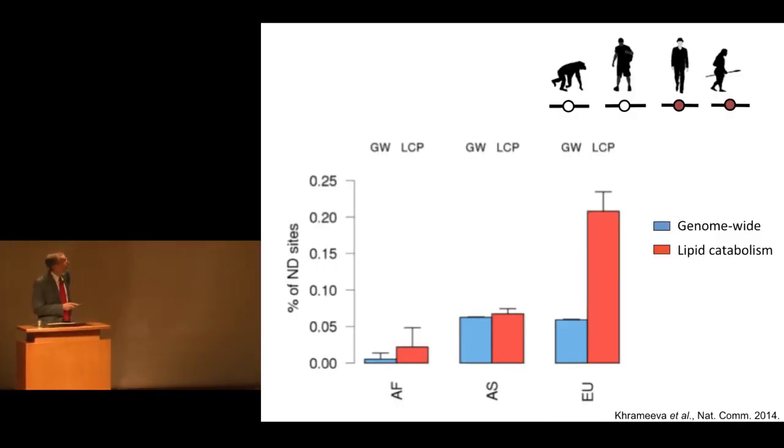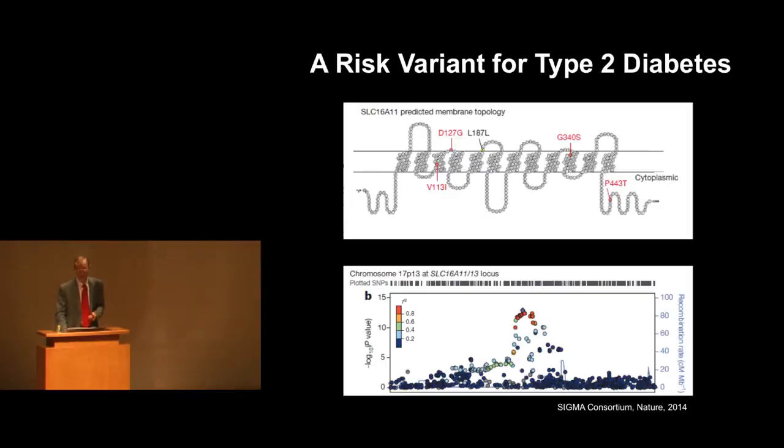A group in China has shown that in Europeans, genes involved in lipid catabolism, so degradation of lipids, come from Neanderthals, disproportionately much in Europe, much less so in Asia. So some aspect of how we deal with lipids comes from Neanderthals.